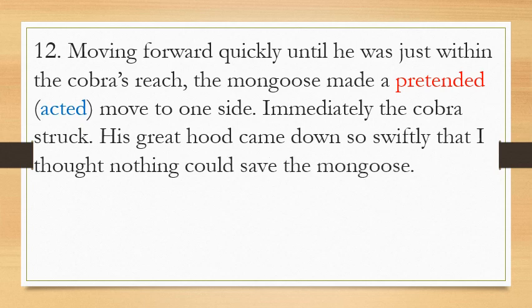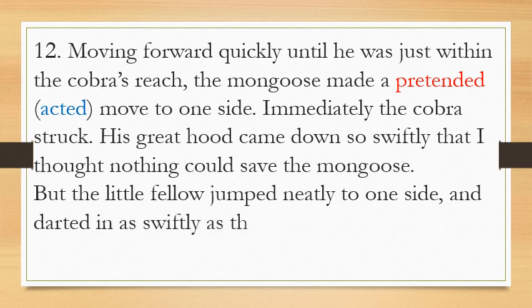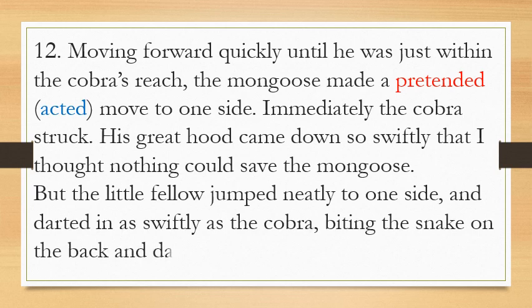Means the mongoose made false quick movements very close to the cobra. The cobra attacked and moved its hood down so quickly that it seemed the mongoose would not be saved. But the little fellow jumped neatly to one side and darted in as swiftly as the cobra, biting the snake on the back and darting away again out of reach.